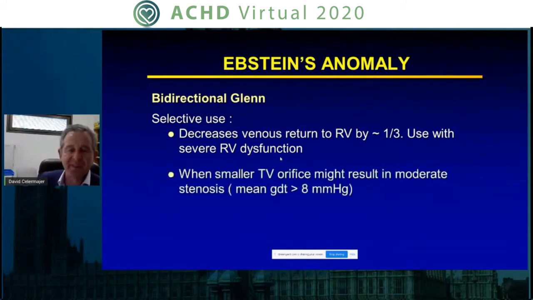It might be considered when there's a smaller tricuspid valve annulus, which is causing tricuspid valve stenosis, which of course is very difficult to repair even with the cone operation, and really can only be repaired with a tricuspid valve replacement.